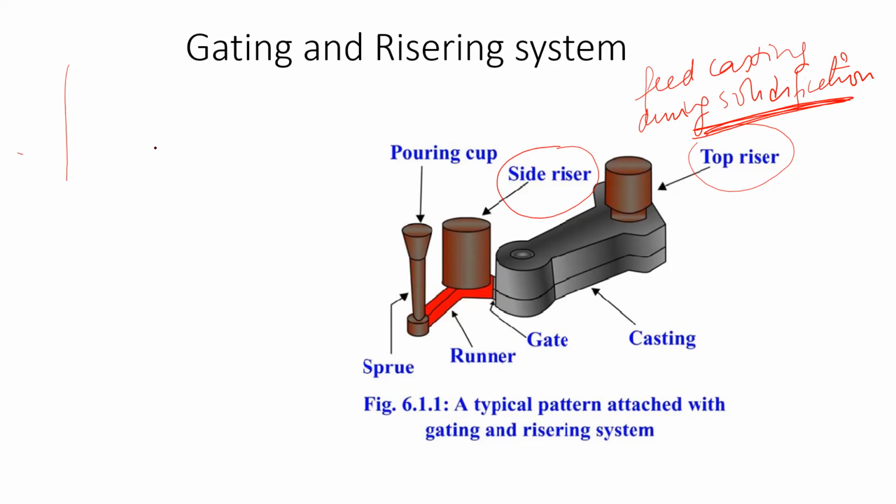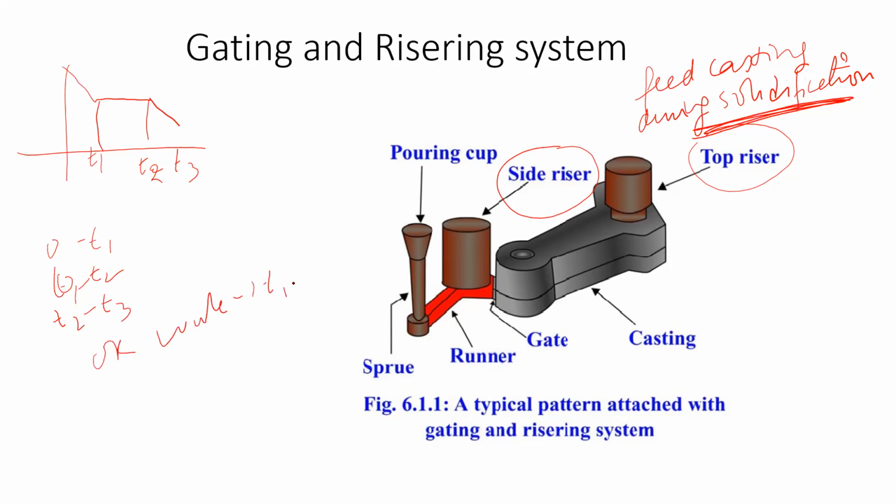In the phase diagram, we have seen three curves, three stages: T1, T2, and T3. Where is the riser being used? From 0 to T1, or from T1 to T2, or from T2 to T3, or the whole from T1 to T3?